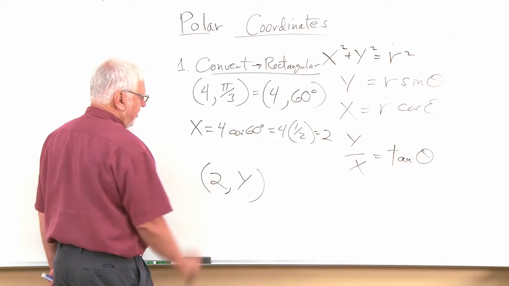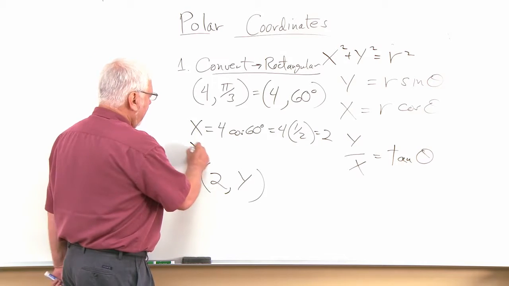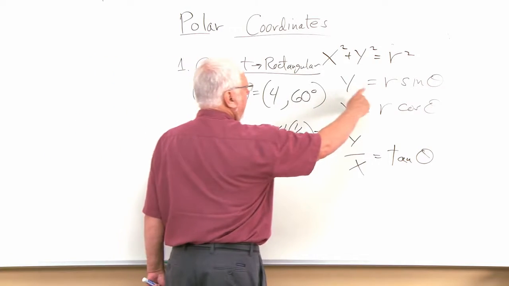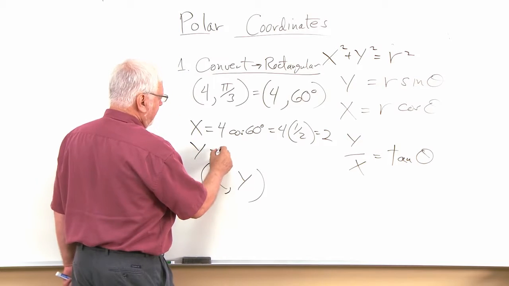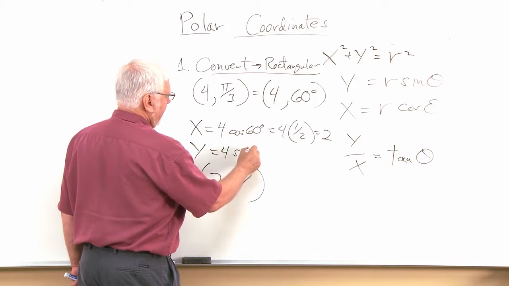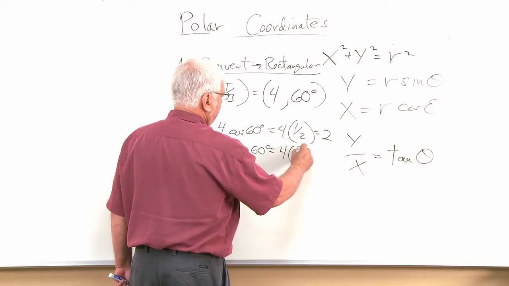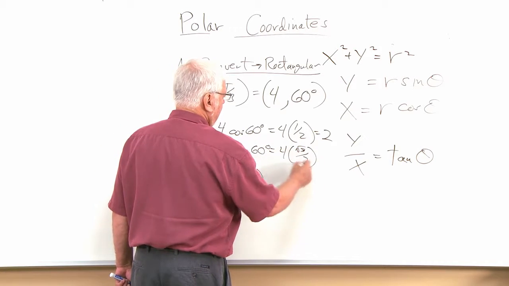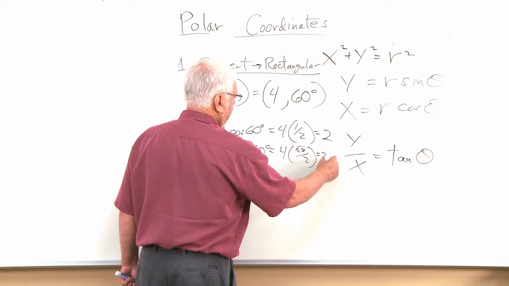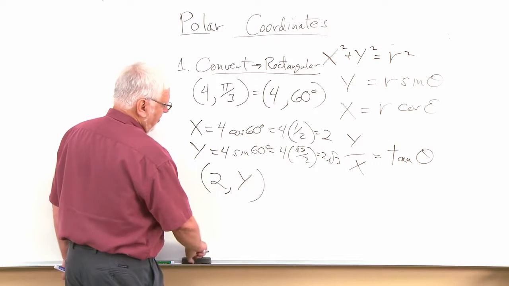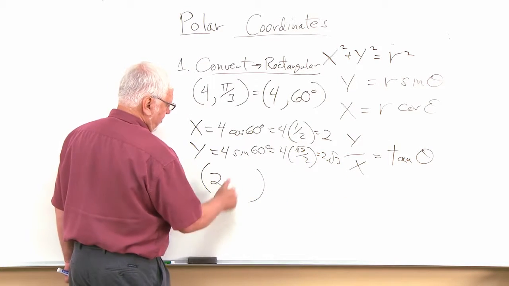It's 2. So now to find the y, we could go over to our formula. Y equals r sine theta. So it's 4 times the sine of 60 degrees, and that's 4 times the square root of 3 over 2. These cancel, so you end up with 2 times the square root of 3. So our y is 2 times the square root of 3.